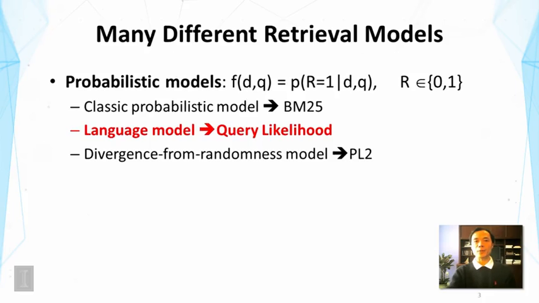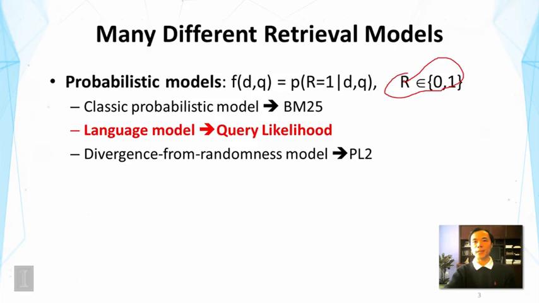In probabilistic models, we define the ranking function based on the probability that this document is relevant to this query. In other words, we introduce a binary random variable here. This is the variable R here.